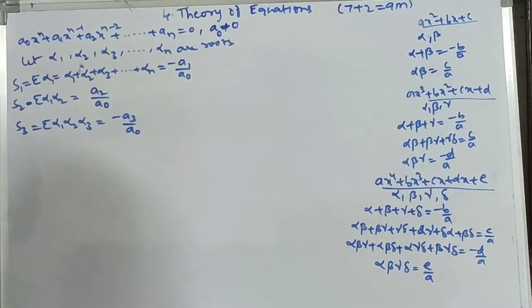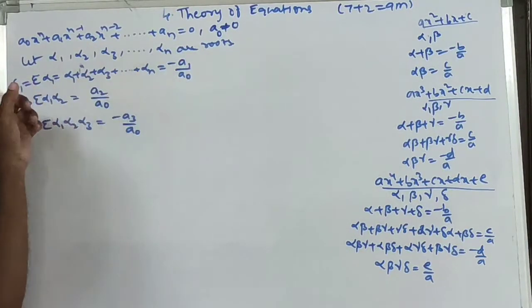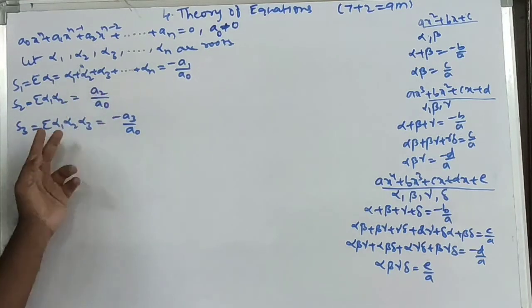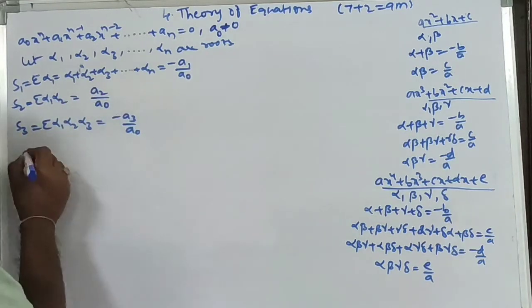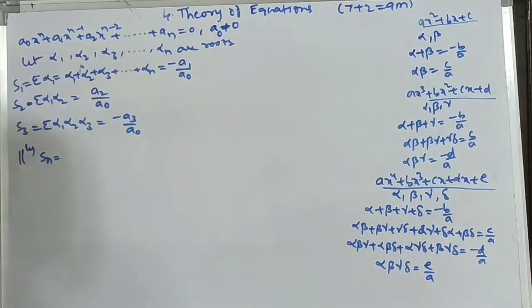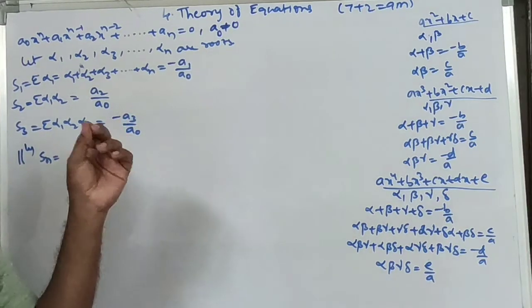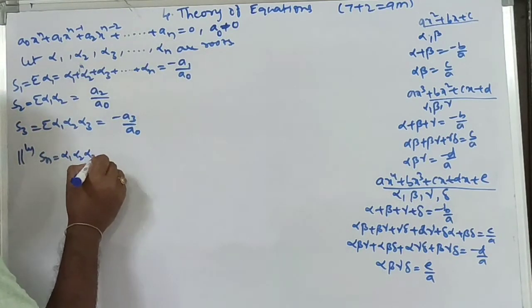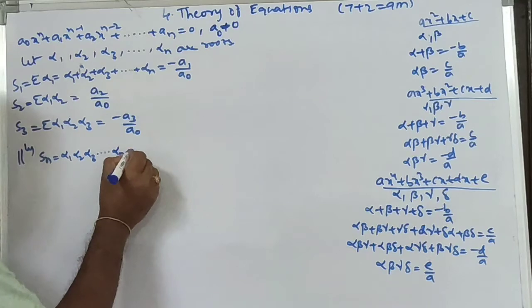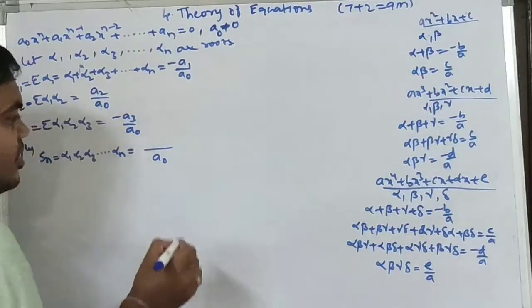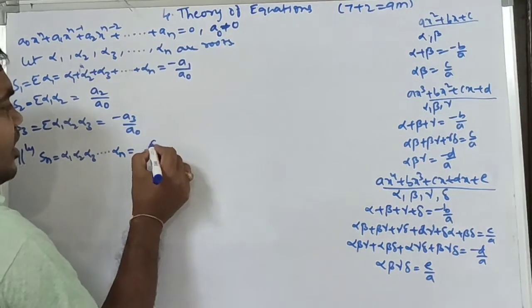So in all of these the common denominator is a0. In the numerator, for single roots a1, for products of 2 a2, for products of 3 a3. Similarly Sn is the product of all: alpha 1 alpha 2 alpha 3 up to alpha n, with denominator a0 and numerator an.